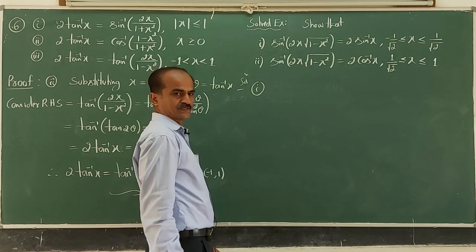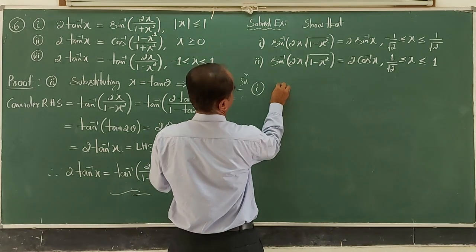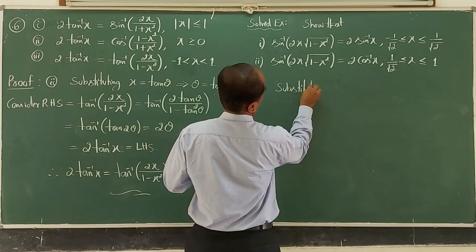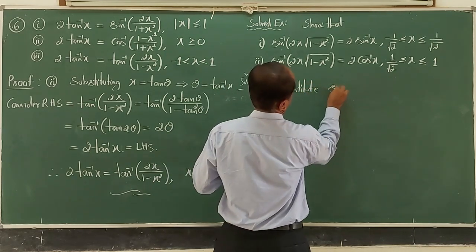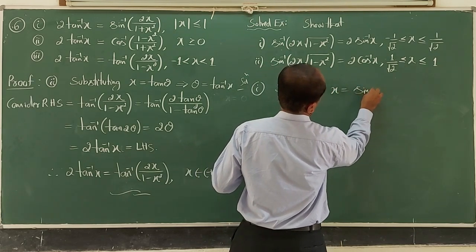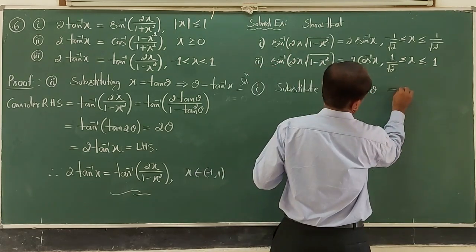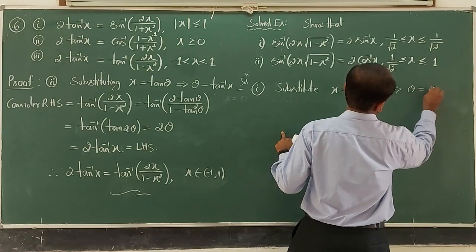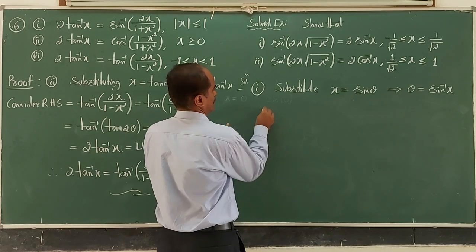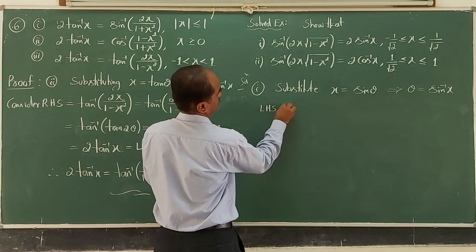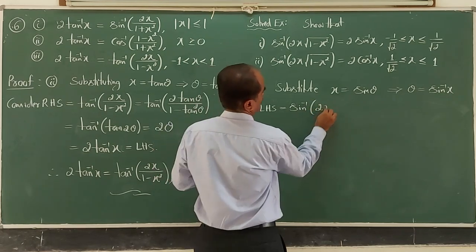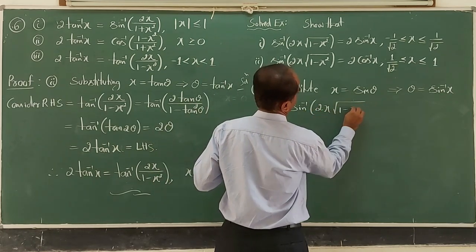To prove the first result, as I said earlier, substitute x equal to sin theta, so that it implies theta is sin inverse x. Now the LHS is sin inverse of 2x into root 1 minus x square.